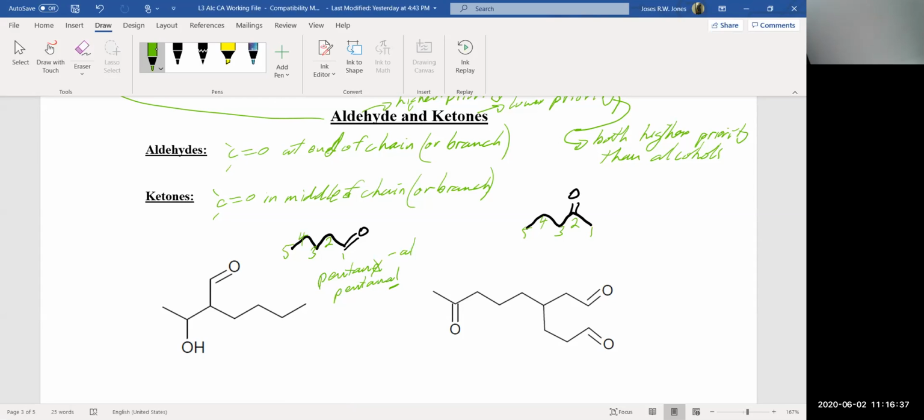Now we have to specify the location of that highest priority group. The end of the name for a ketone is ONE. So if it were an alkane, it would be pentane. We drop the E and replace it with ONE. So pentane becomes pentanone.